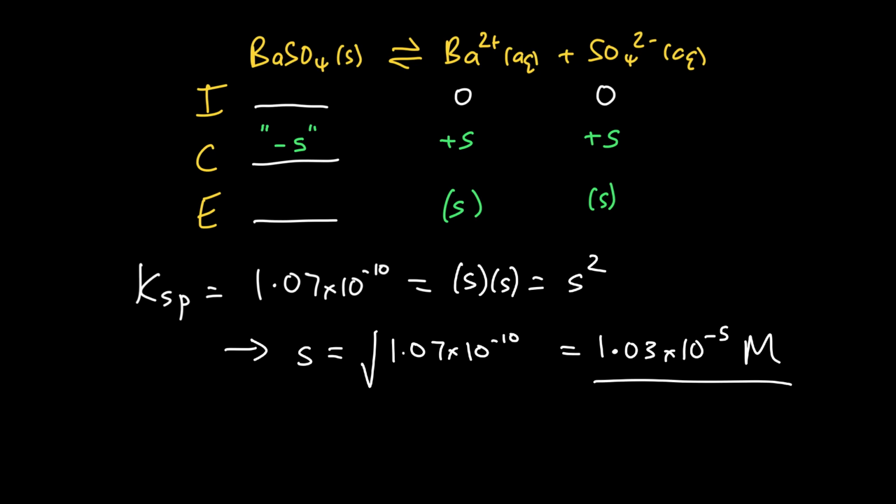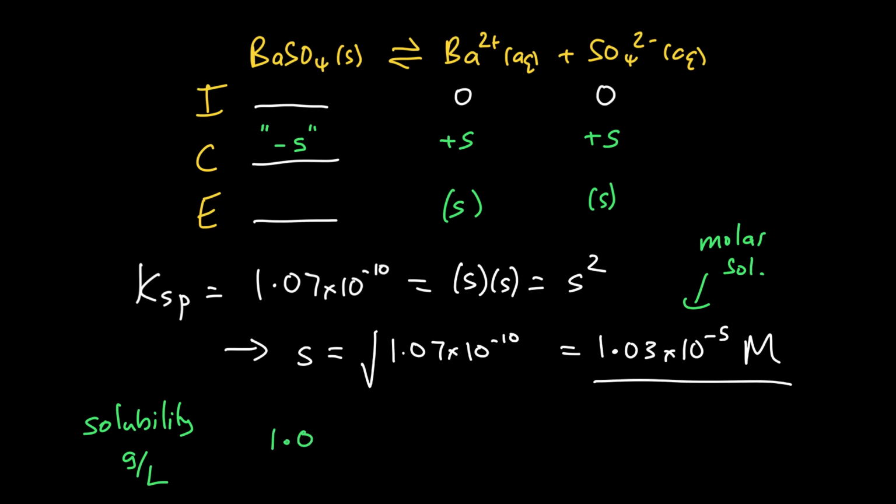Now, in terms of solubility, as opposed to molar solubility: molar solubility is the number of moles per liter that can dissolve, while solubility is the number of grams that can dissolve in a liter. So we can do a little bit of stoichiometry here. Isn't this fun?